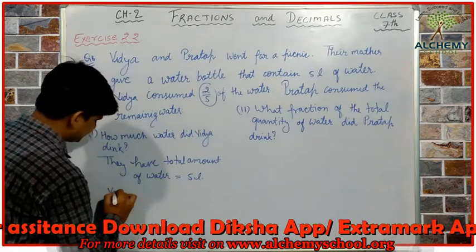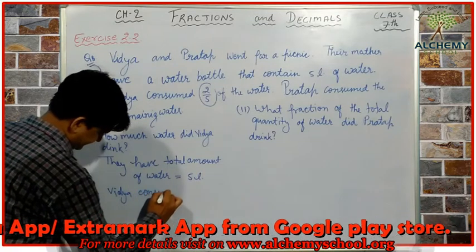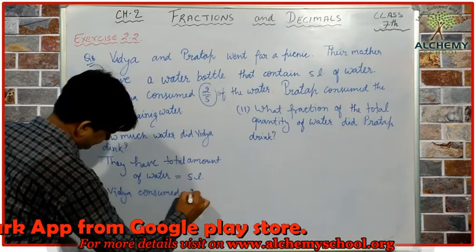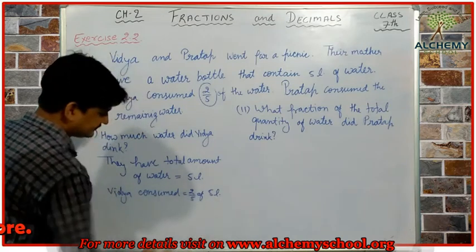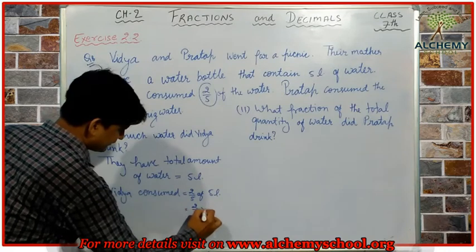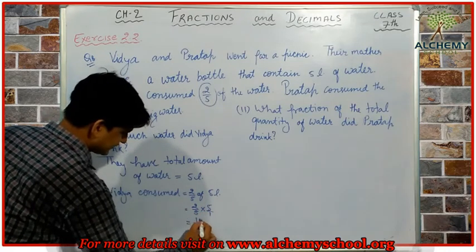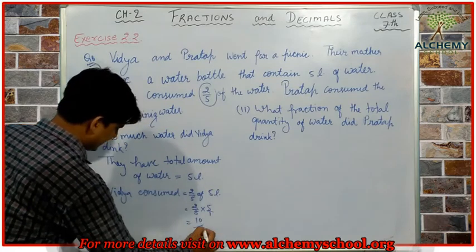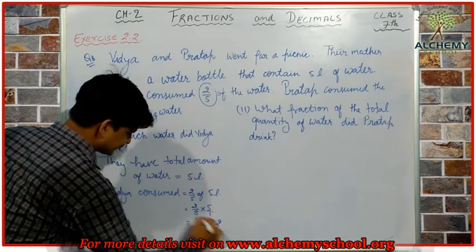So we can write 2 upon 5 into 5 upon 1. 5 2s are 10 and 5 1s are 5. So when we simplify it, we get the result here: 5 2s are 10, 2 liters.